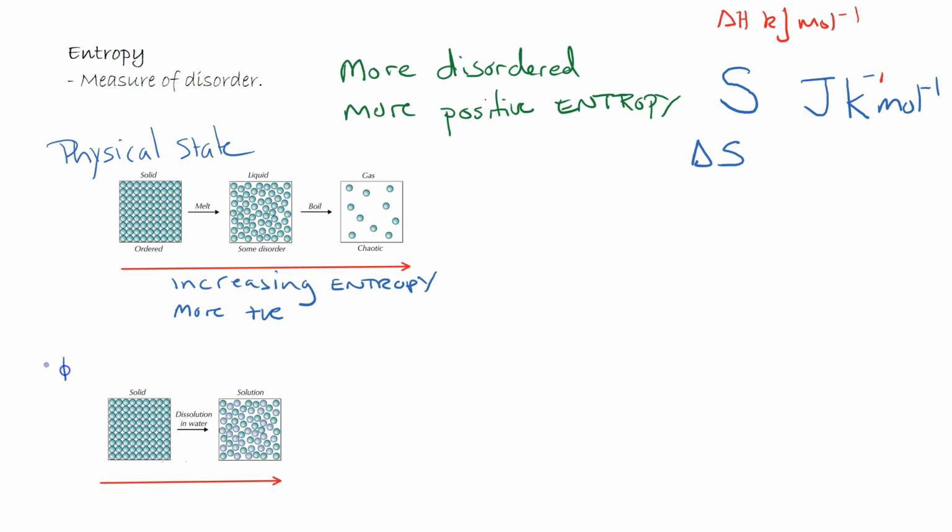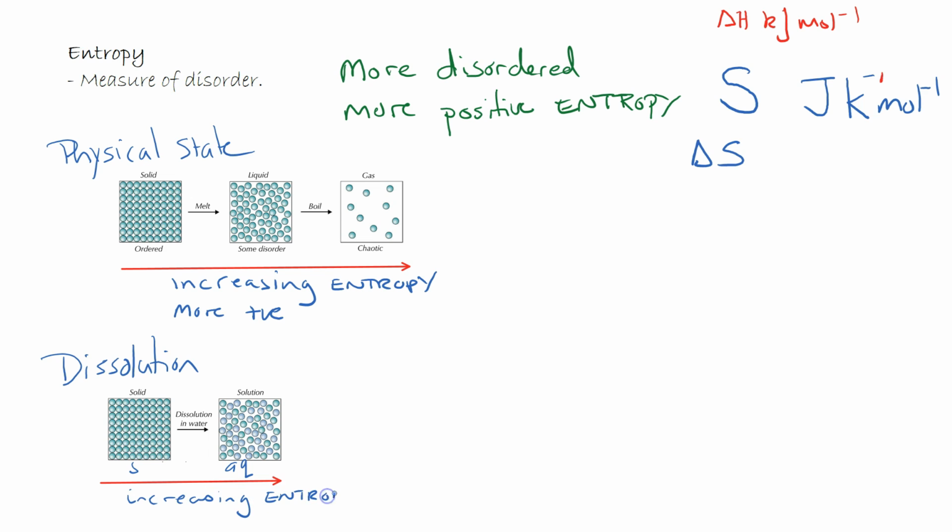The second example then is dissolution, or dissolving as we normally call it, where we observe the solid being dissolved into a liquid and becoming an aqueous substance. So we've got solid on the left going to aqueous on the right. And again, as we move from the solid to the aqueous solution, there is an increase in entropy, and that's because there is more disorder.